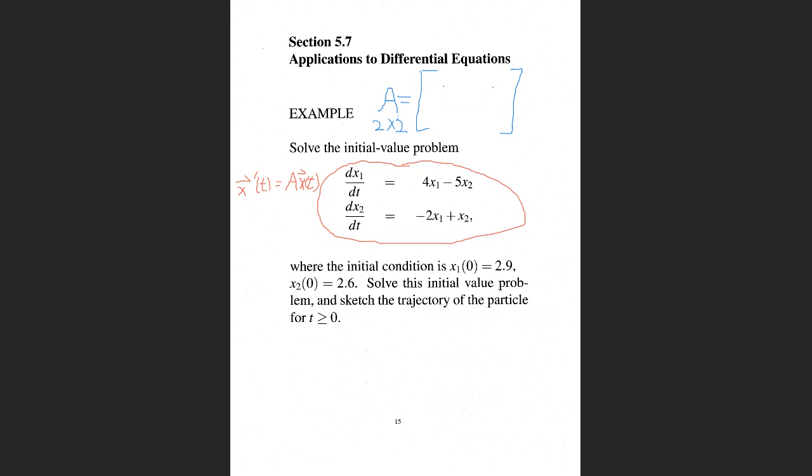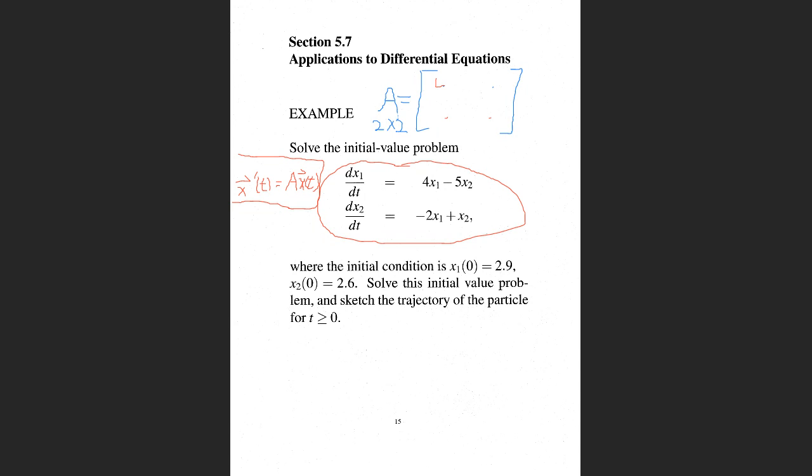So what's A going to equal? What's the first row going to be? What numbers?